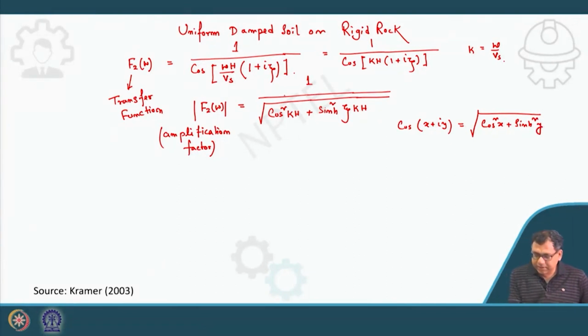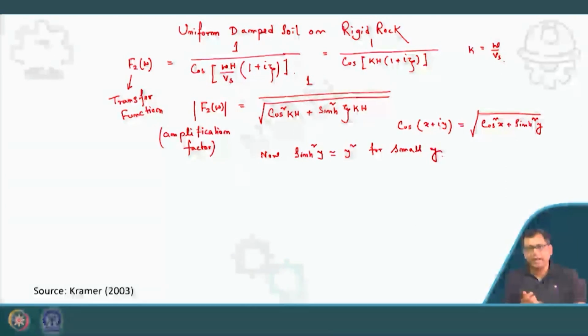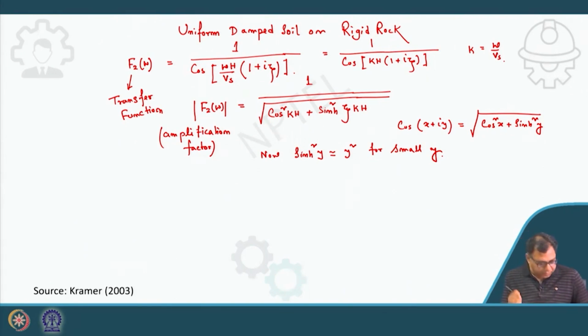So, from here I will get this expression. Now sinh square y will be equal to y square for very small value of y. So, sinh square y is equal to y square for small value of y.